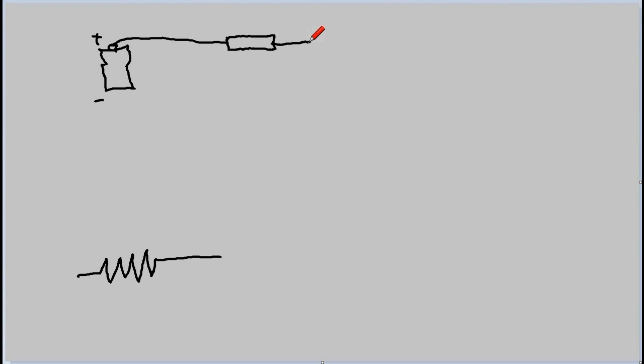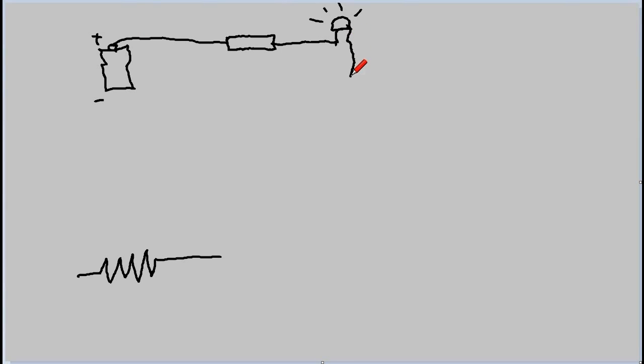Okay. So now we have our little resistor. And if this was a 3-volt battery, we wouldn't even need a resistor here for our little LED. Then we have our little LED, and a little light coming off of our LED. Of course, there's no light yet because we haven't completed the circuit.